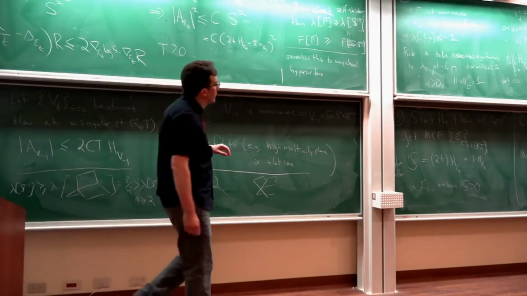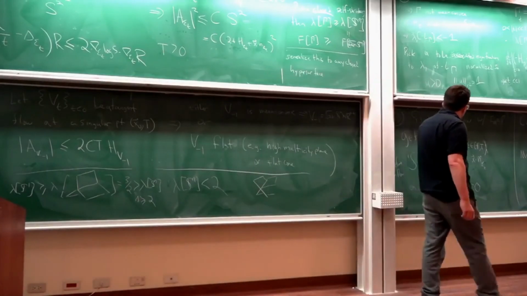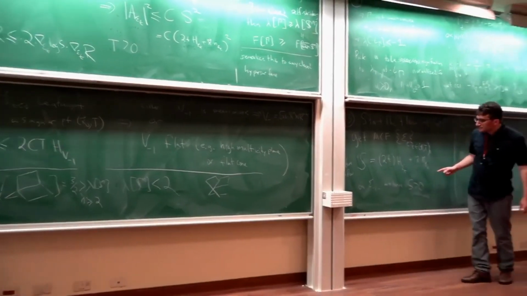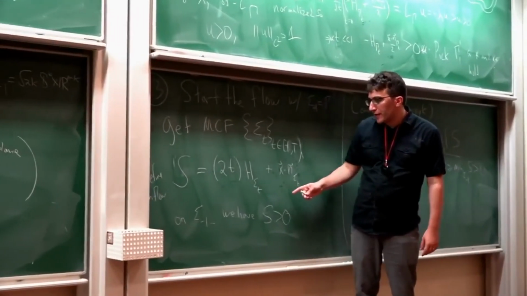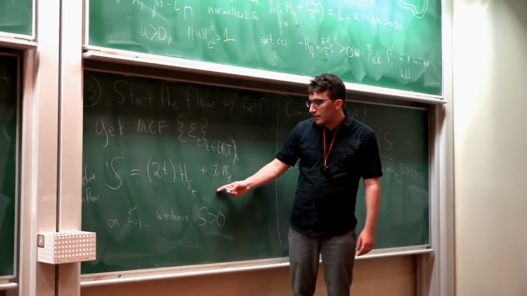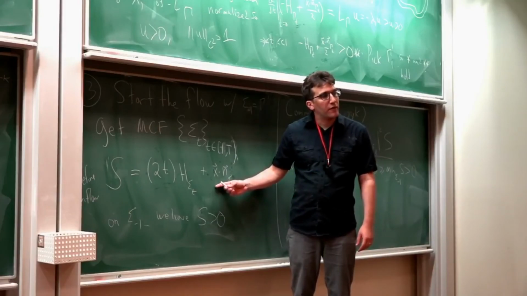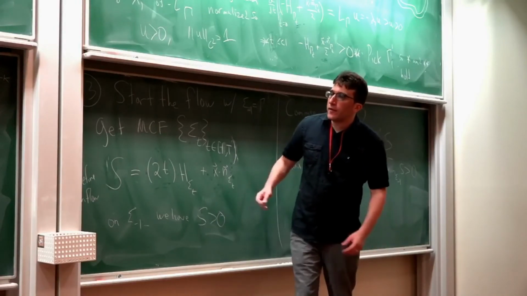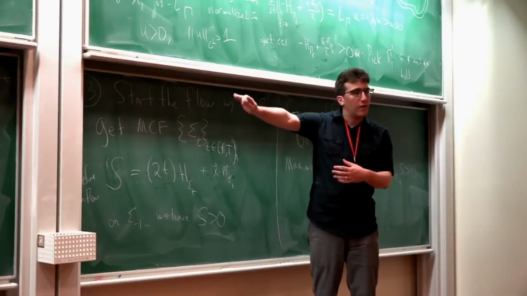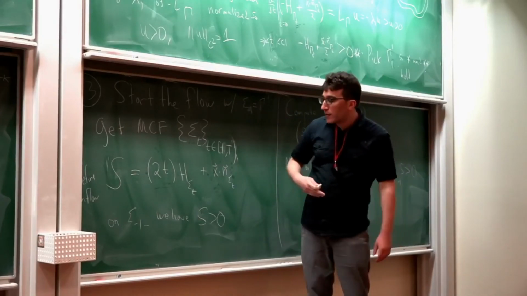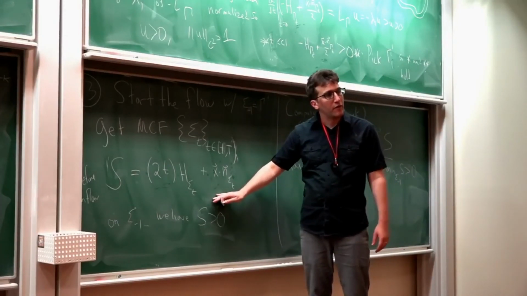But what you observe is that, of course, at time 0 you actually are star-shaped, right? So the point is, either you become singular, your analysis goes through and you have the entropy lower bound, or you get up to time 0 and you're star-shaped.